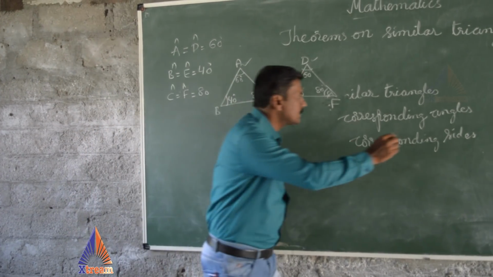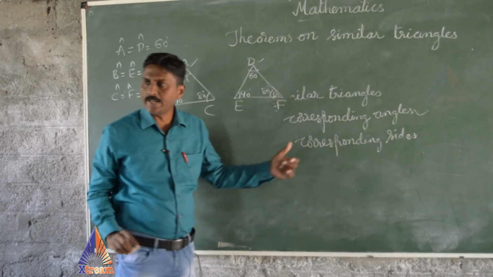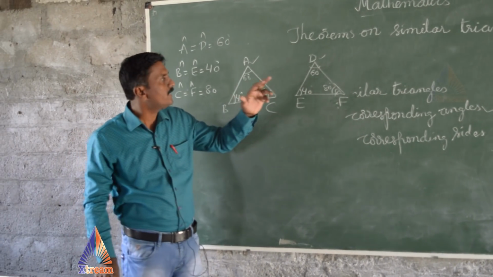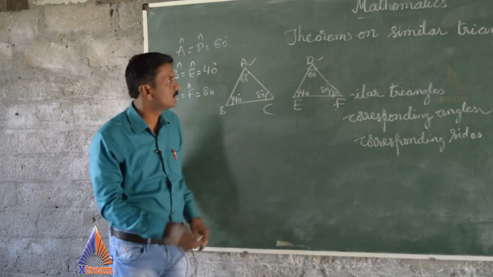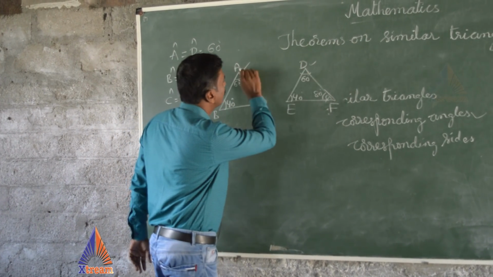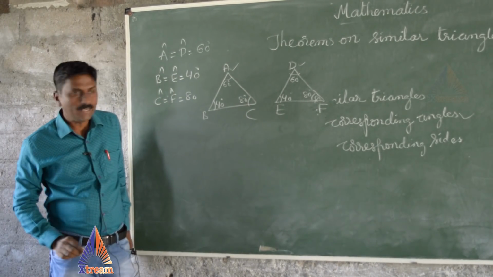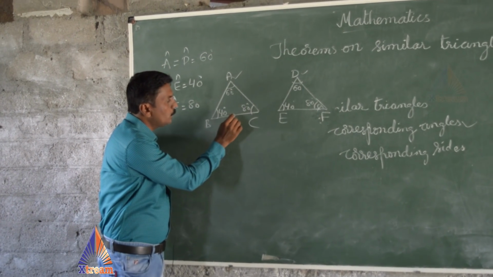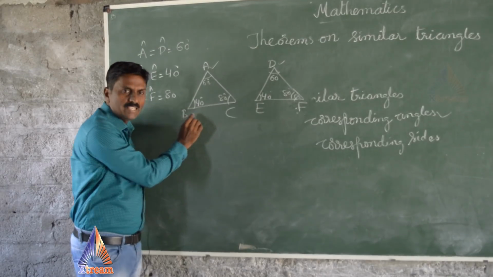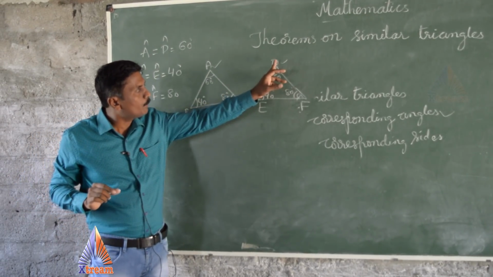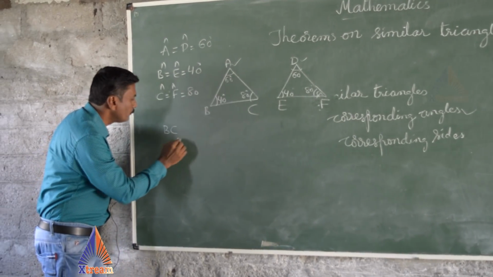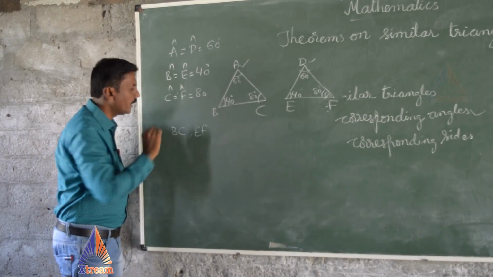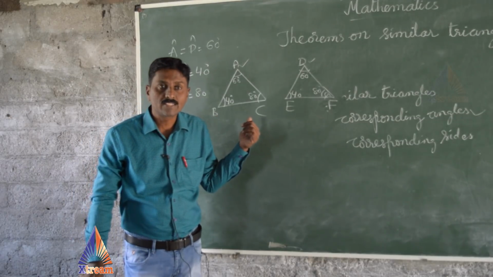Okay, after this, corresponding sides. Remember, sides opposite to the corresponding angles are corresponding sides. For example, let us consider angle A and angle D. Here the side opposite to angle A is BC, and here the side opposite to D is EF. So BC and EF are a pair of corresponding sides.